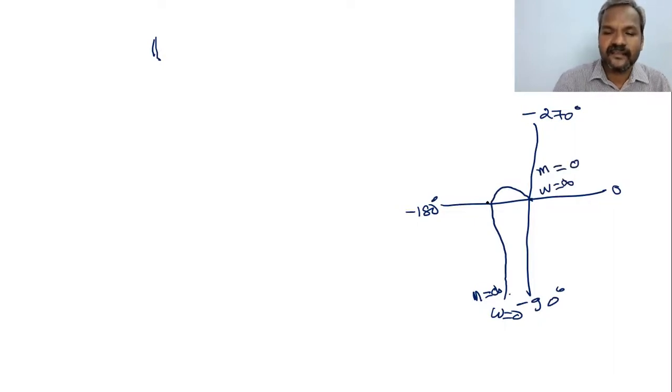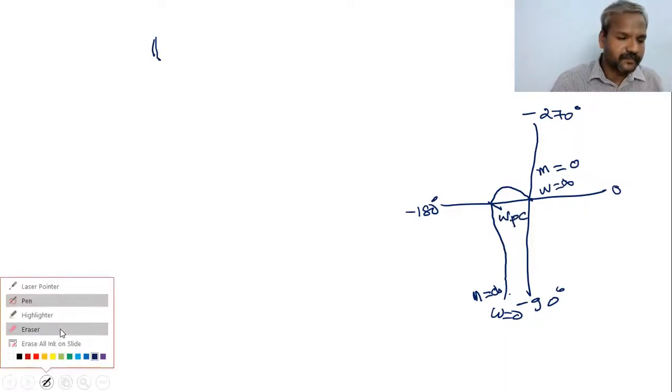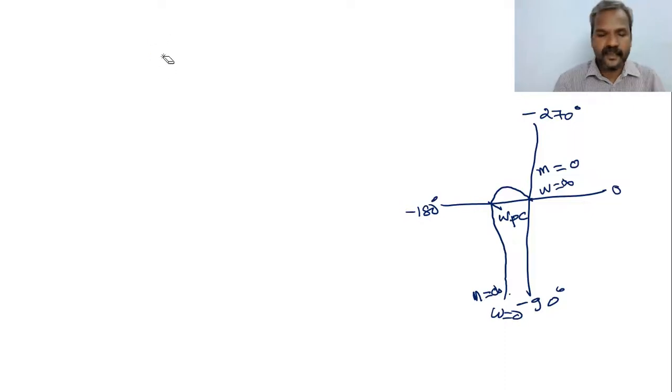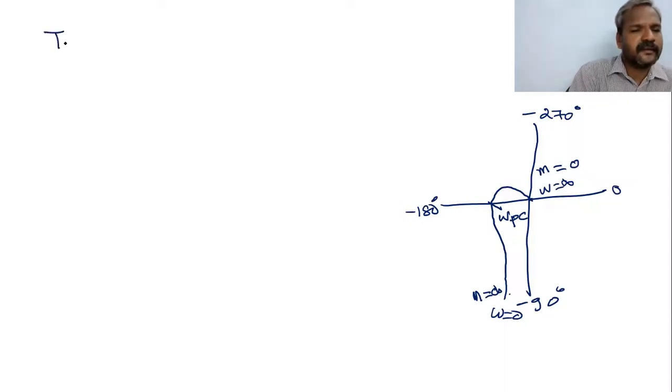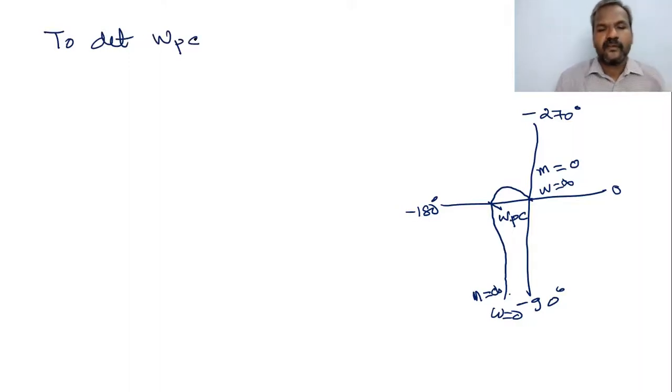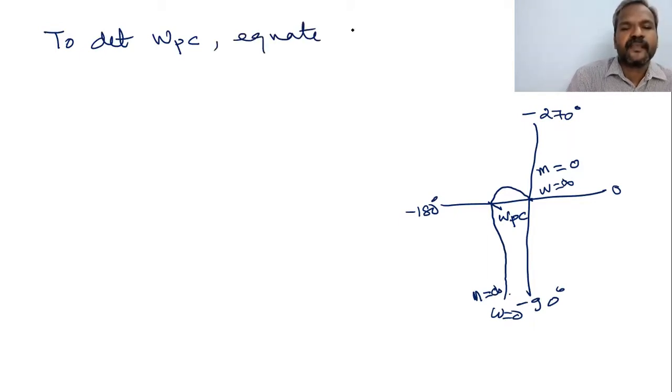So what is the phase crossover frequency, omega PC? How to find omega PC? To determine omega PC, equate the phase angle to minus 180 degrees.